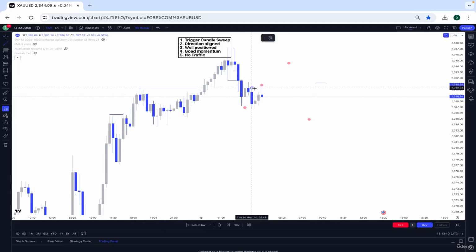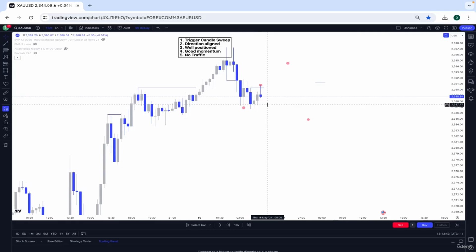There's our trigger candle sweep. We've pretty much done this already when we did the supply and demand zones, but I'm just going to go through it again. There's our trigger candle. Are we in a significant supply or demand zone? Now, we did identify that we're in this demand zone here. So if we're being really picky, yes, we're in this demand zone here, so we could expect a reaction.